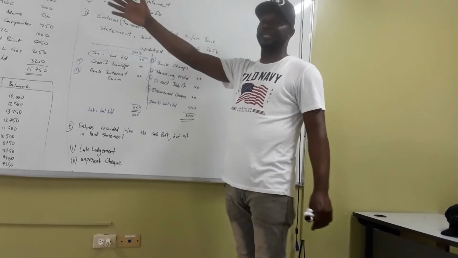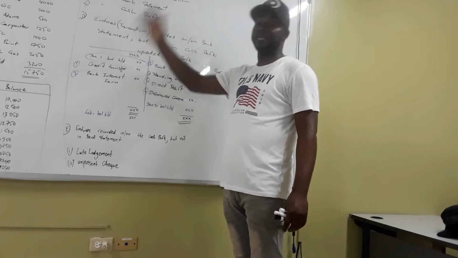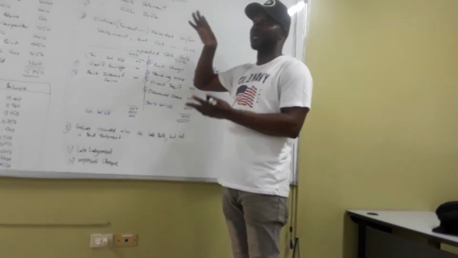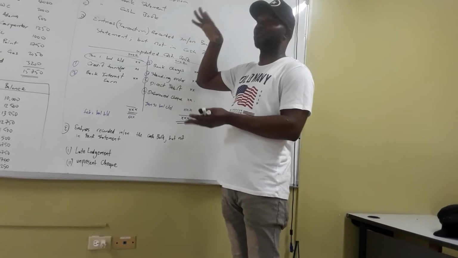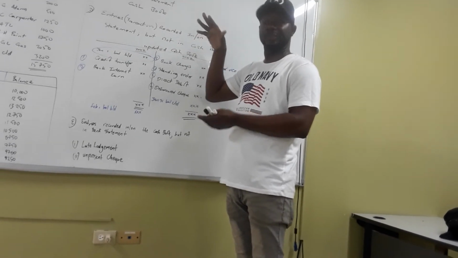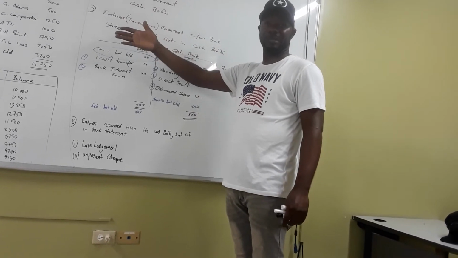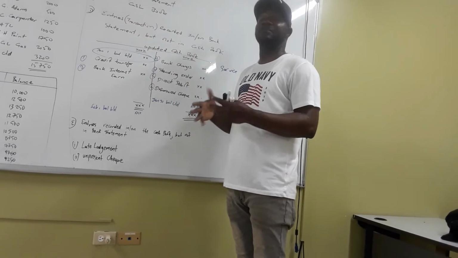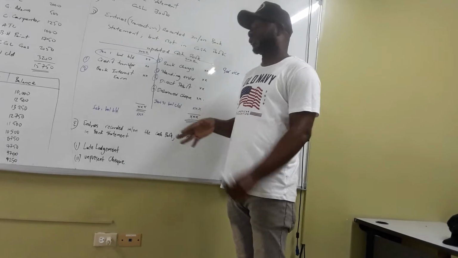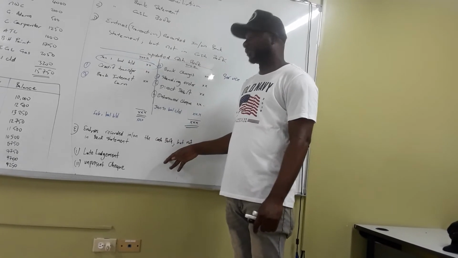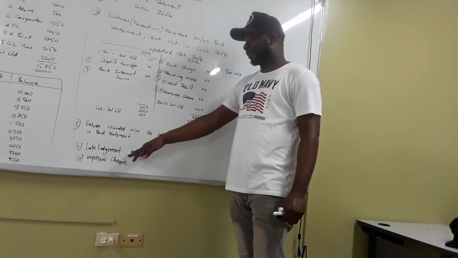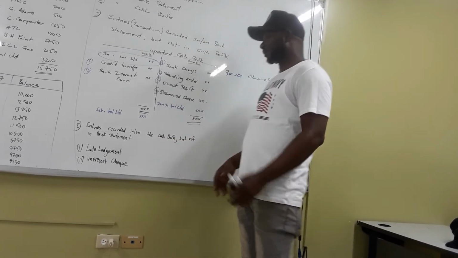Either they sent those checks to the bank after the cutoff date, meaning that the bank would have already prepared a statement, so it is not included in your bank statement balance. Or those checks have not been sent to the bank as yet. So they are referred to as late lodgement.